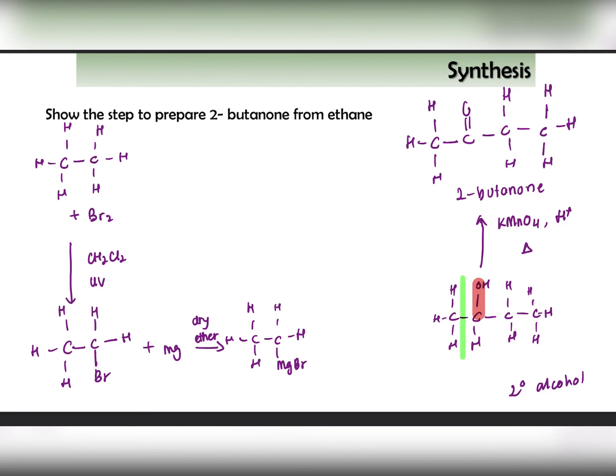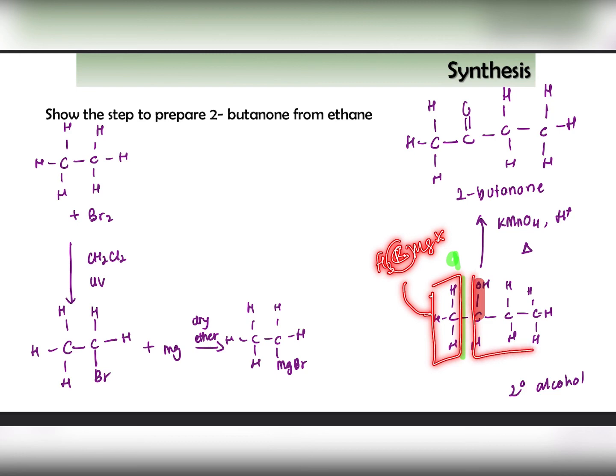So let's say I cut here, point A. So the left part of the line, you will get RMgX. So in this case, R here is CH3.